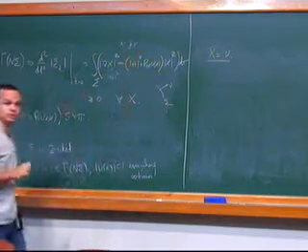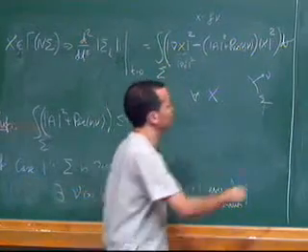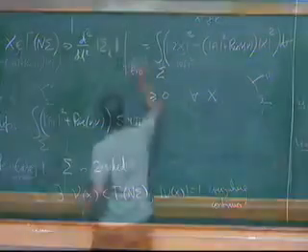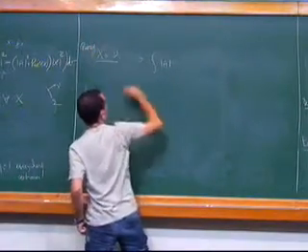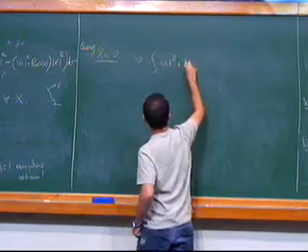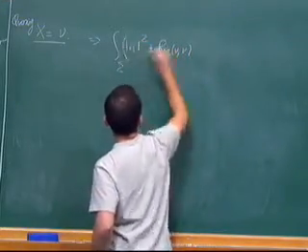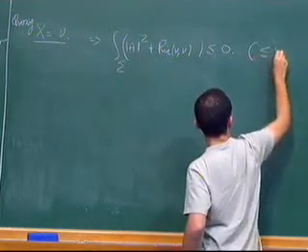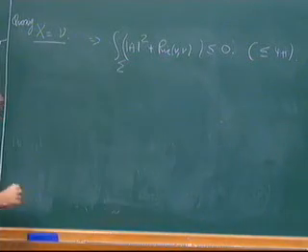That's my notation. So I get 0 over here. Then by choosing this, we get that the integral of a squared plus Ricci over sigma is less than or equal to 0, which of course is less than or equal to 4 pi. So this is the easy case.